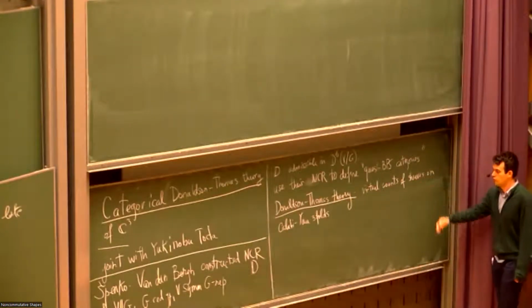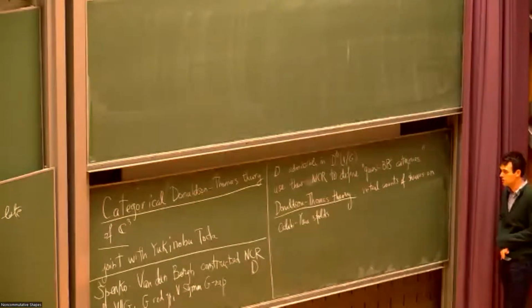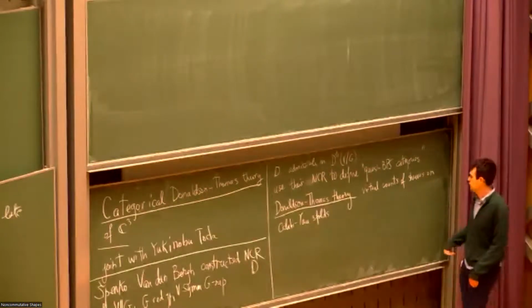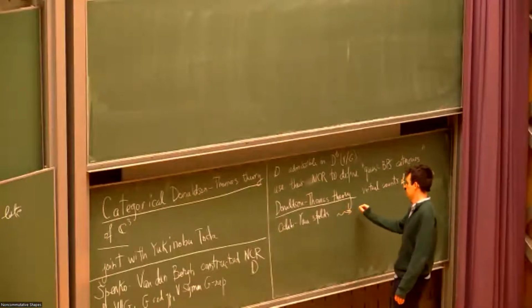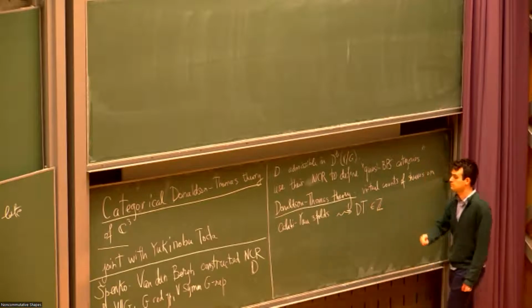And for given a support of sheaves, we get virtual counts of curves on Calabi-Yau threefolds. So one produces these DT invariants, which are certain integers.